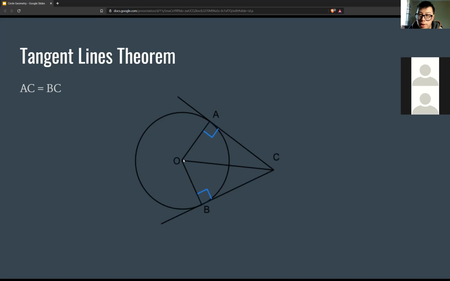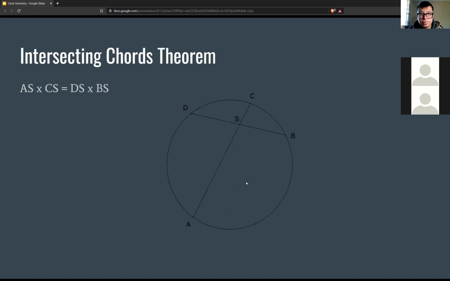If we move the length of the tangent squared to the side with the hypotenuse squared, we have OC squared minus OA squared, which is equal to OC squared minus OB squared, and that's equal to AC squared or BC squared. So AC has to equal BC. Hopefully that's clear. Let's move on.